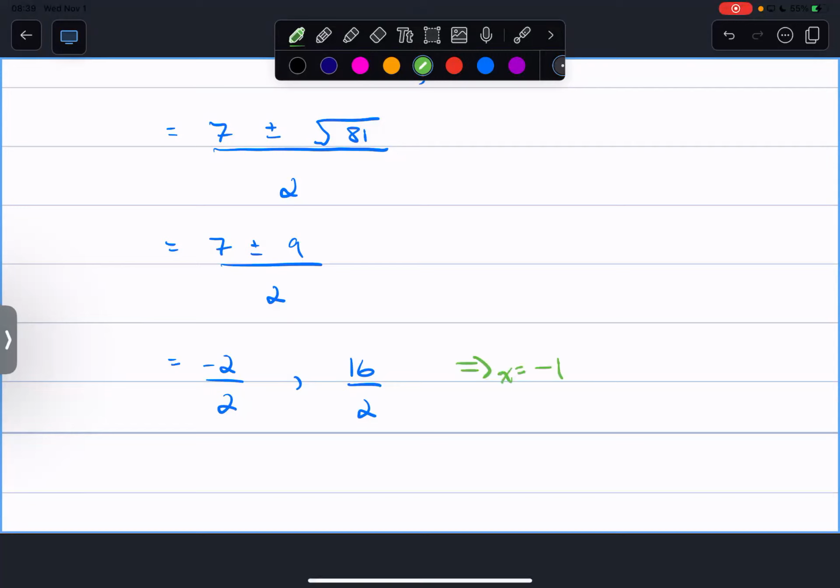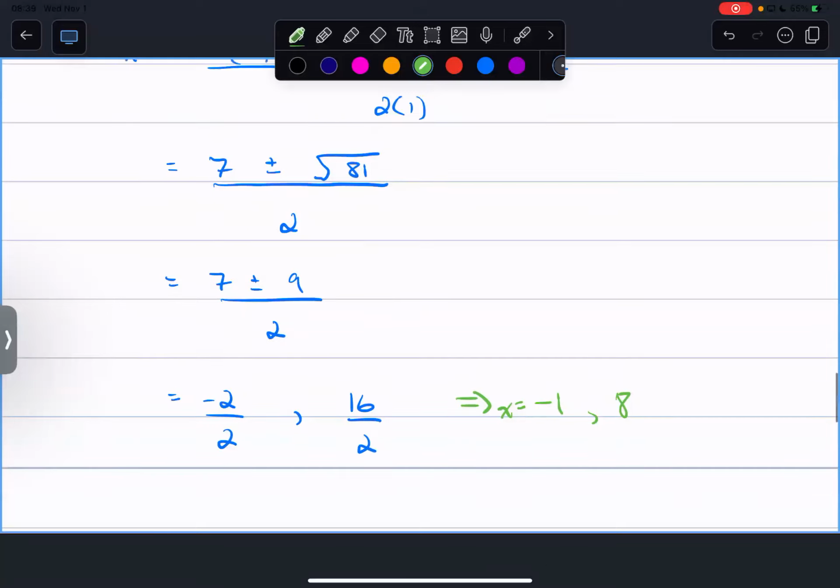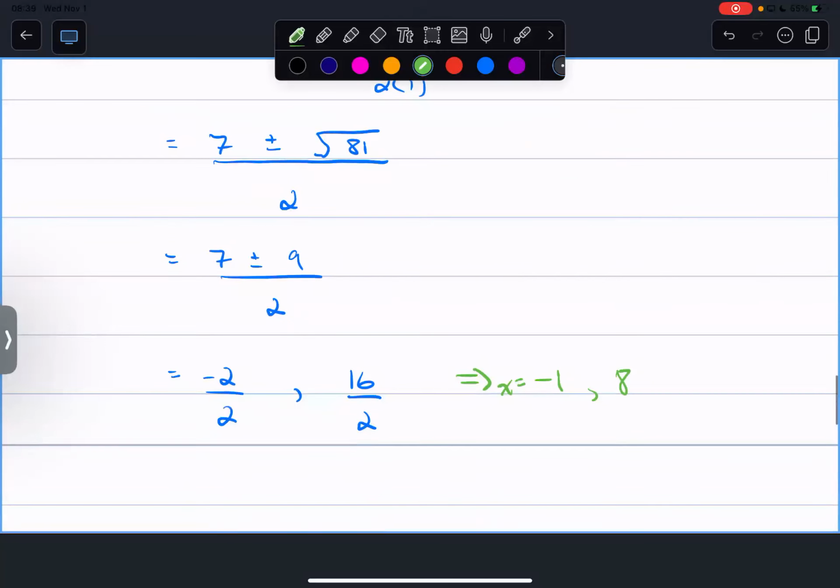So x equals -1 or 8. I feel like I said -8 and +1. I shouldn't have outed myself like that. See, I don't have the gift. I have to use the quadratic.